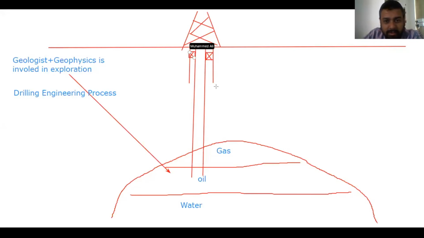Okay, once this drilling is complete, we remove this rig now. Then after that, we put a production well here. So after the drilling process is complete, we have another process, we call it production engineering. So in the next phase, we remove this one. Now let me make another well here.